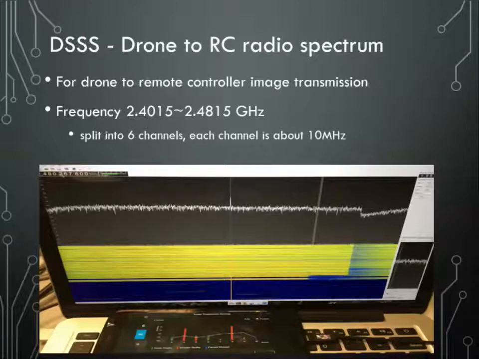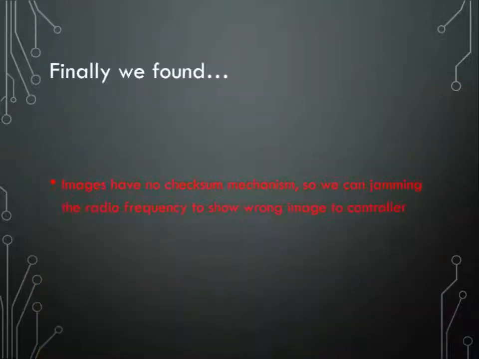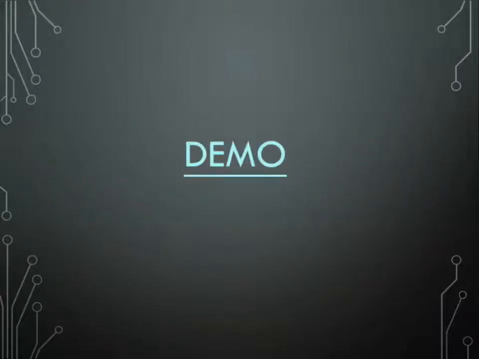The frequency is about 2.4015 to 2.5815 gigahertz, and each channel is about 10 megahertz bandwidth. And finally, we found the image has no checksum mechanism, so we can jam the radio frequency to show wrong images to the controller. Let's see the demo.